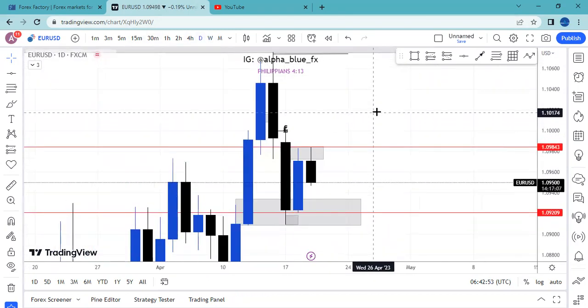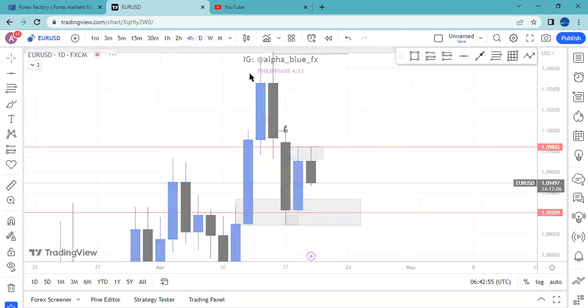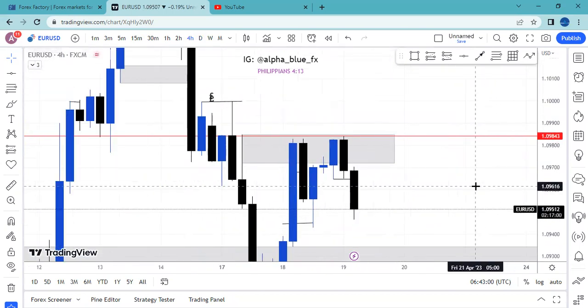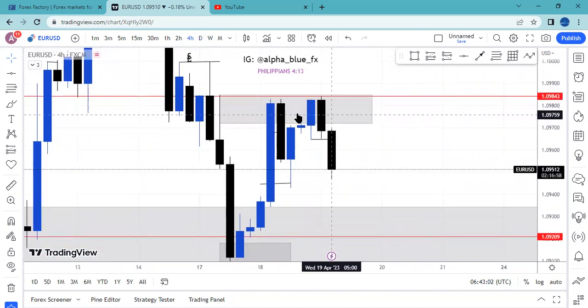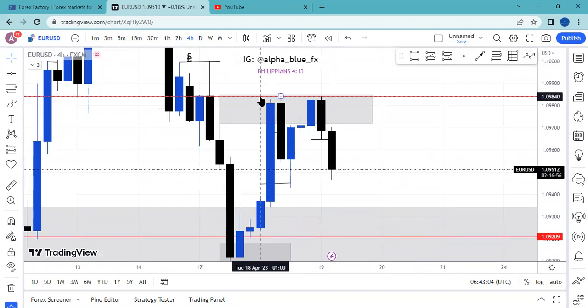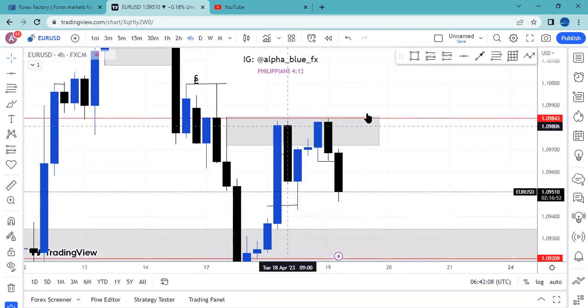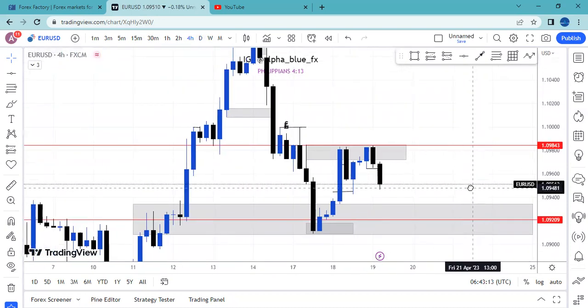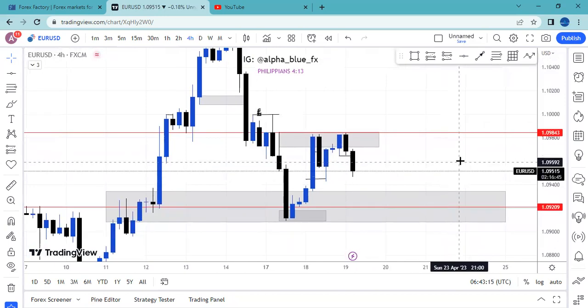So this is the daily 4 hour. Now this is what the 4 hour is looking like. I'm not too comfortable with what is going on the 4 hour because we have relative equal highs right here, which is liquidity that the market may try to clear. But let's just watch how it plays out.